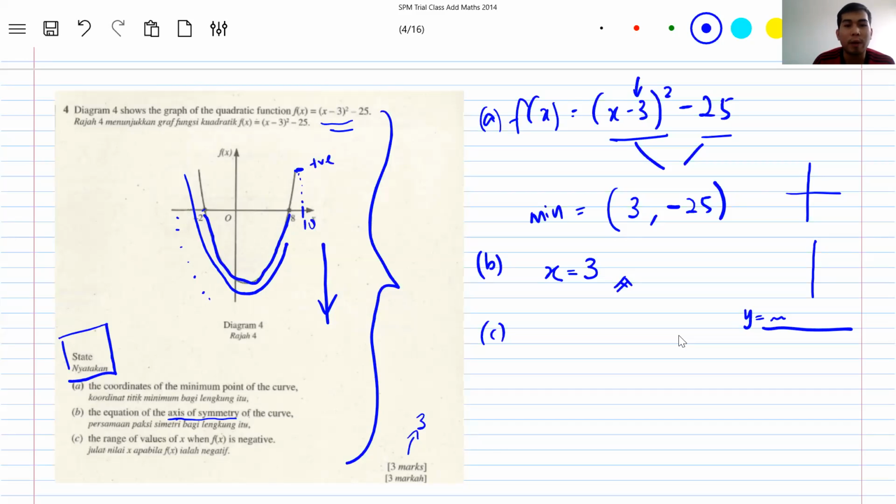And what values of x does this portion of the graph carry? Once x passes this range, then f(x) is no longer negative. Therefore, it's as simple as negative 2 less than x less than 8. And that is the range: x has to be less than 8 and more than negative 2, so that f(x) is negative.